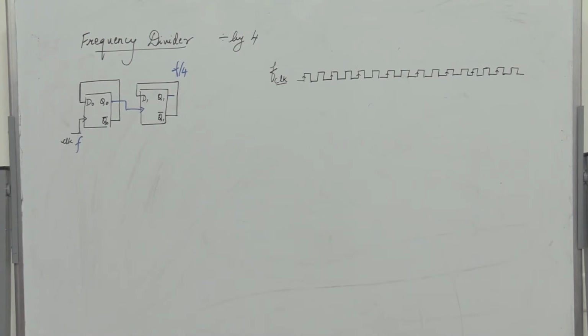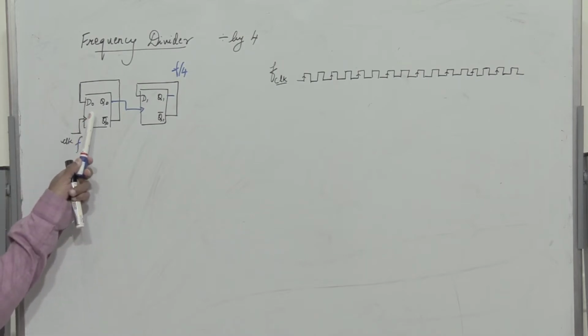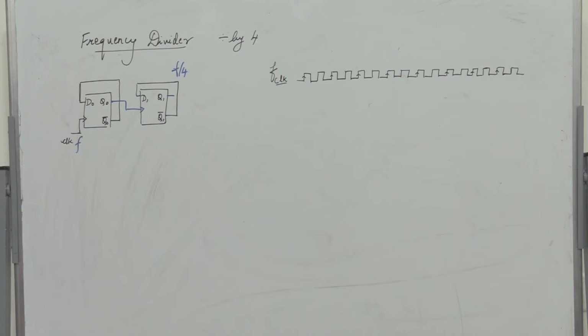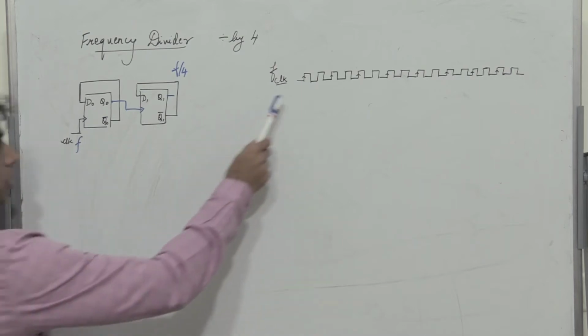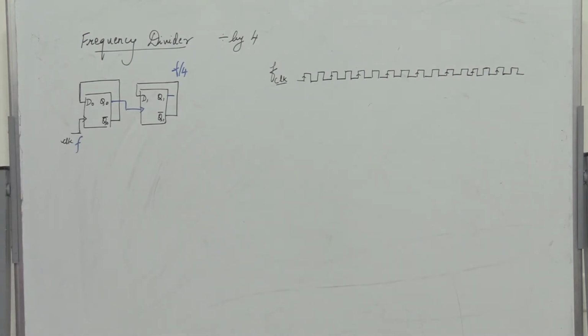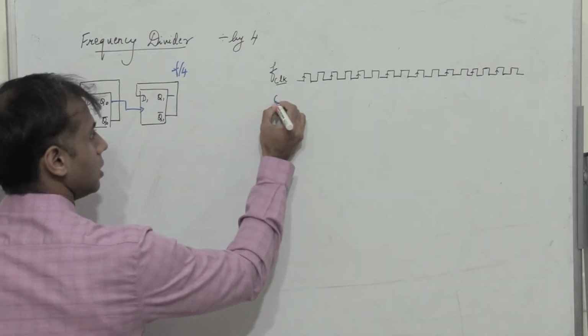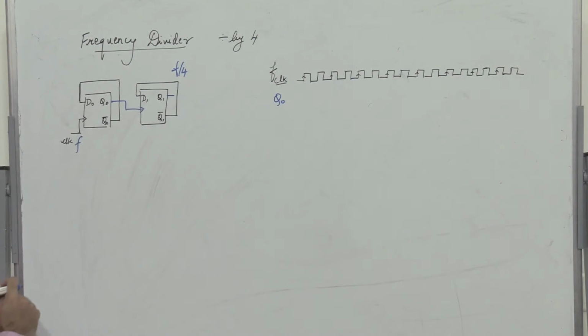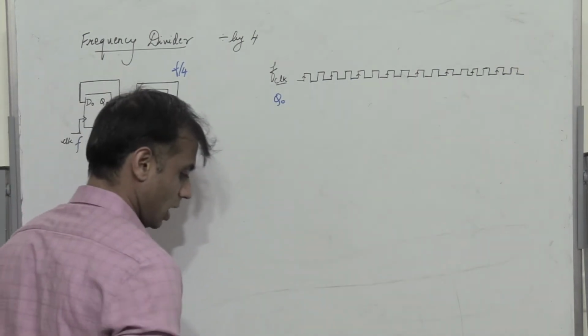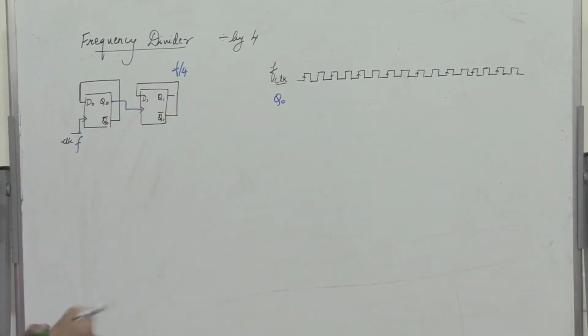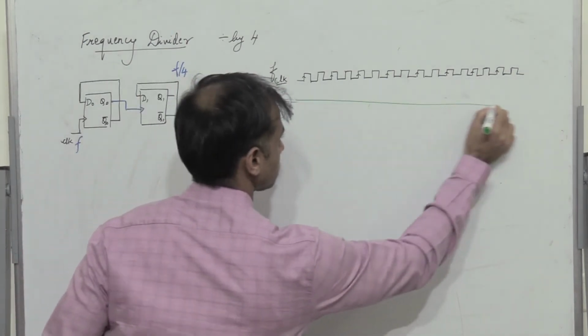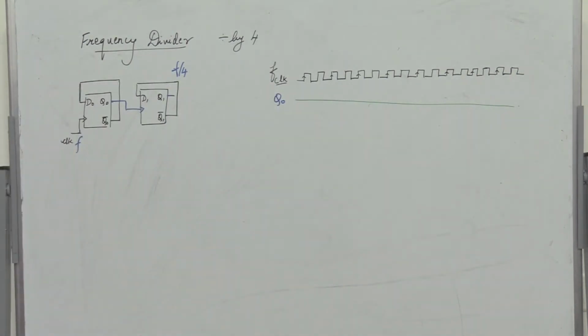So let us see what happens. So we are very sure that the input D flip-flop, that is the first D flip-flop, gets triggered at the rising edge of the clock pulse. Okay, so if I check the output Q0 at the rising edge, we find that the output changes.